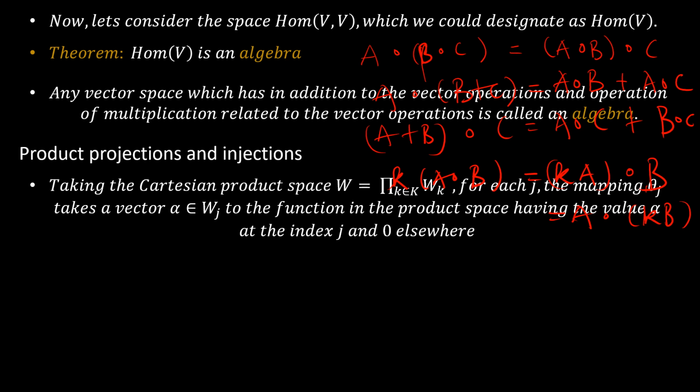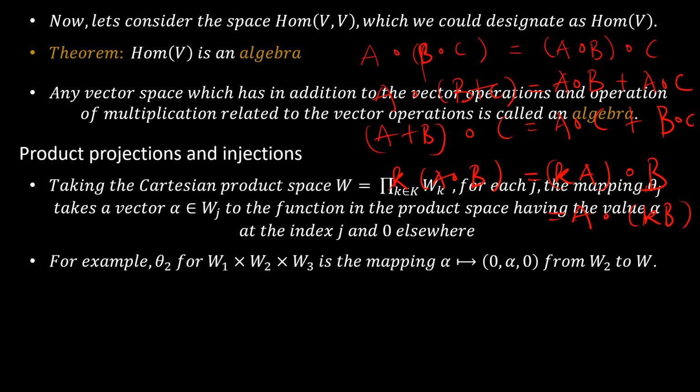So theta J takes a vector alpha, and what it does is it only leaves alpha at the jth position, and there is a 0 elsewhere.